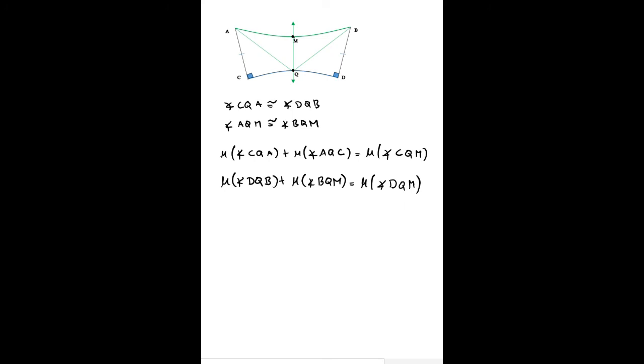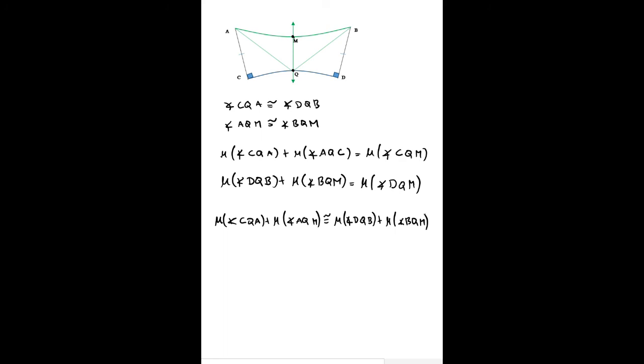Therefore, by the same postulate, the angle addition postulate, we have that the measure of angle CQA plus the measure of angle AQM must be congruent to, you guessed it, and let me write it down here because I don't think I'll have space, the measure of angle DQB plus the measure of angle BQM.